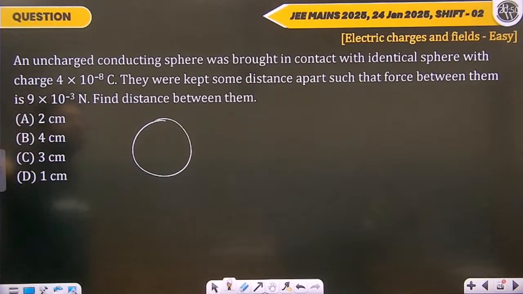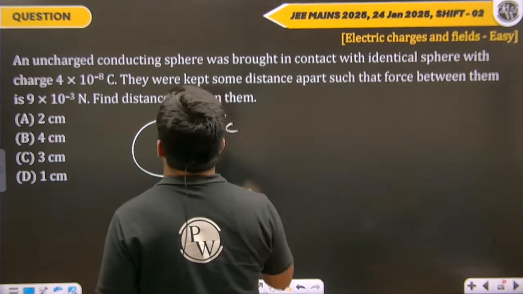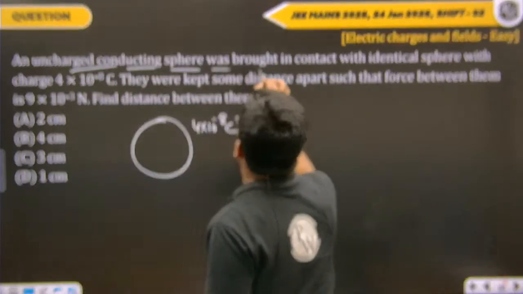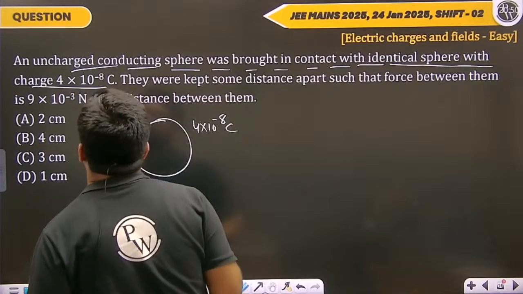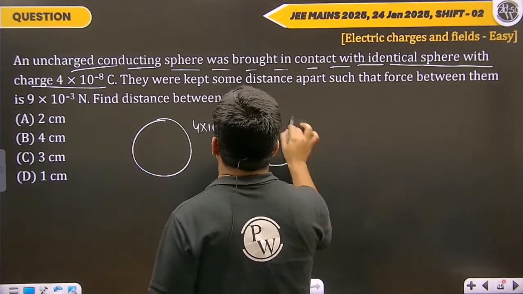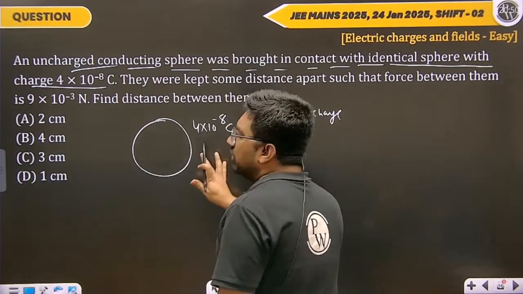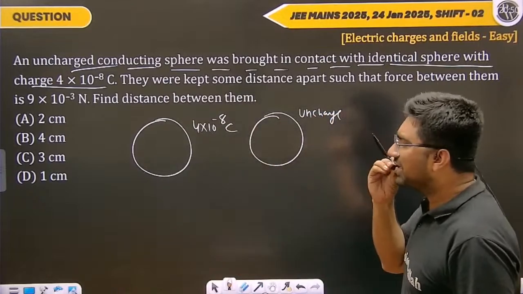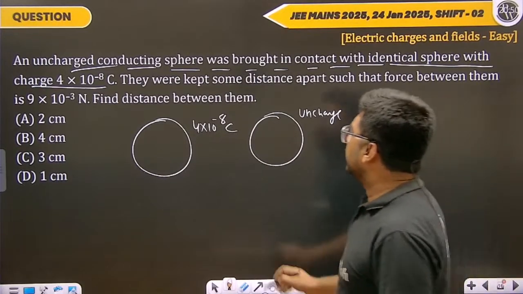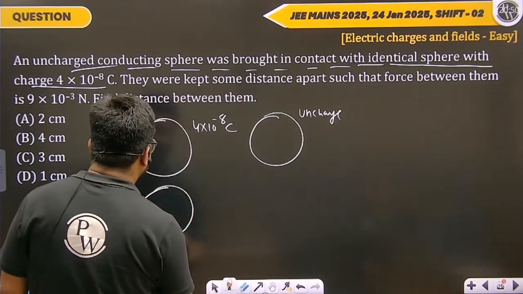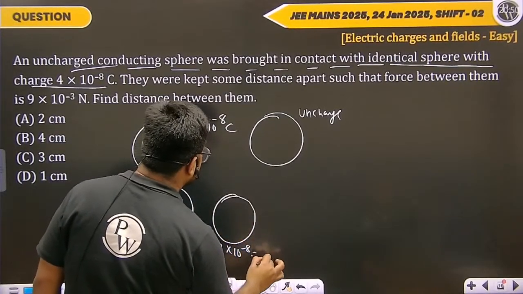When both come in contact, the charge will be equally distributed, so each will get 2 into 10 power minus 8 coulomb.